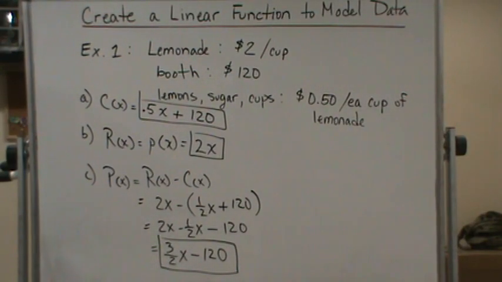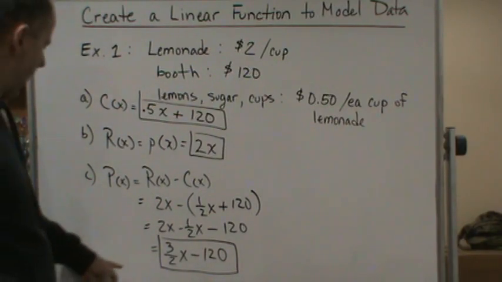Okay, now, the next question says, okay, what if we produce and sell 50 cups of lemonade? What would be our cost? Okay, no, our profit. What would be our profit?